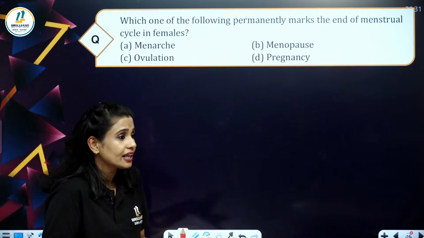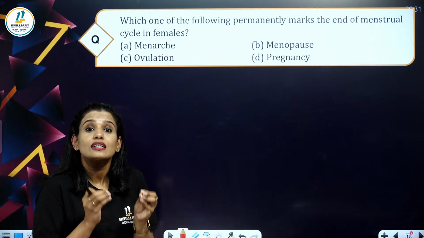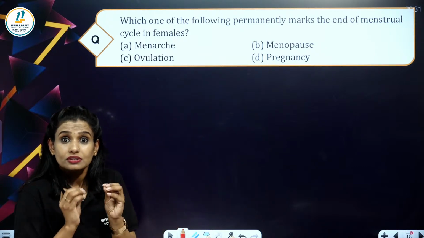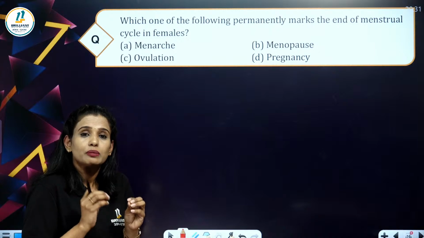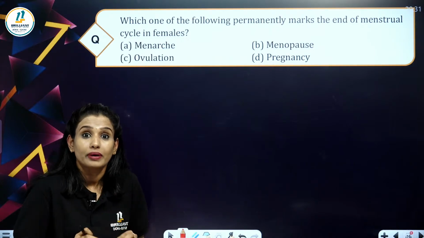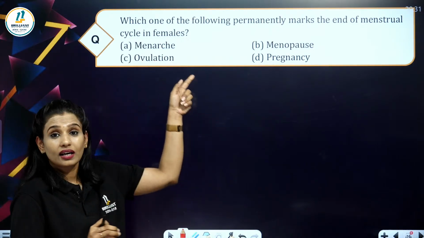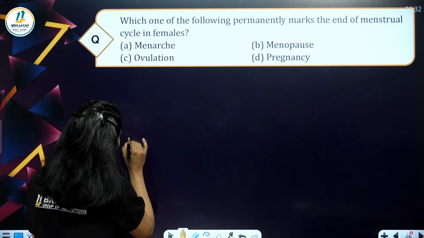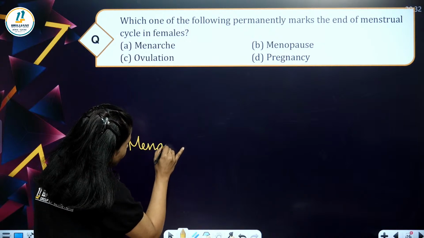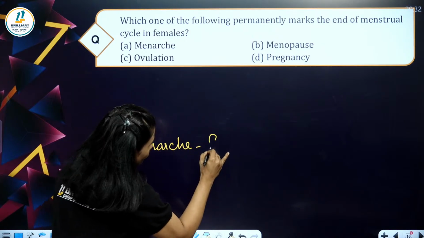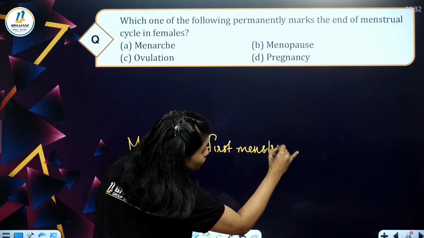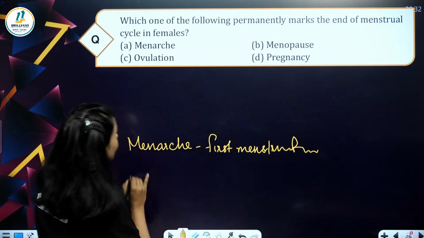It is the first menstruation. First menstruation during puberty in a human female is called menarche.